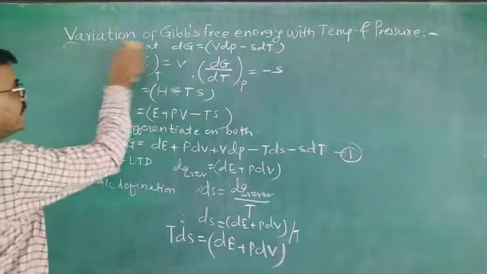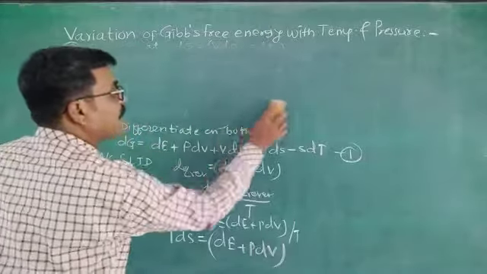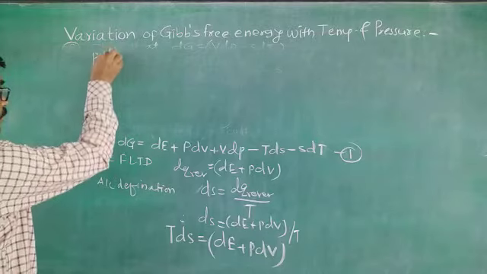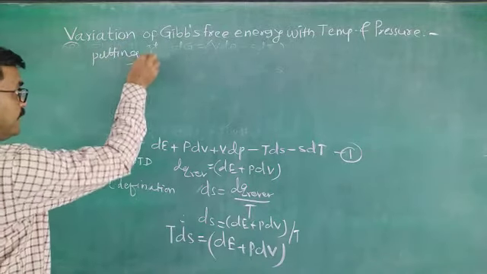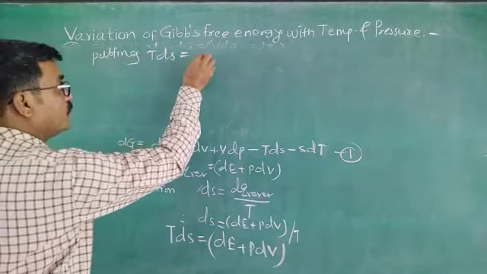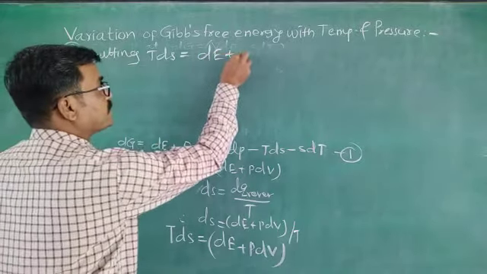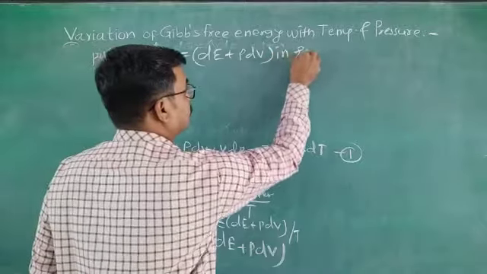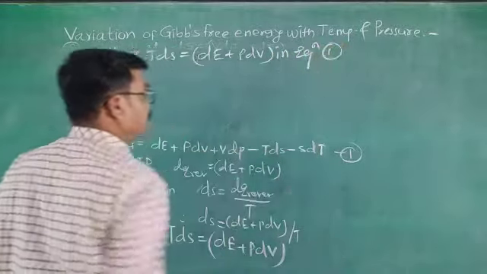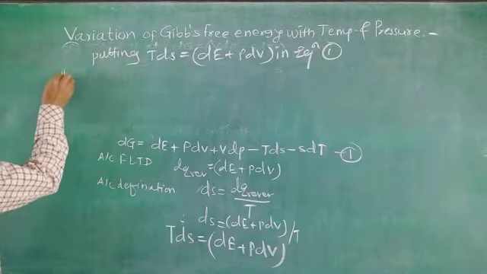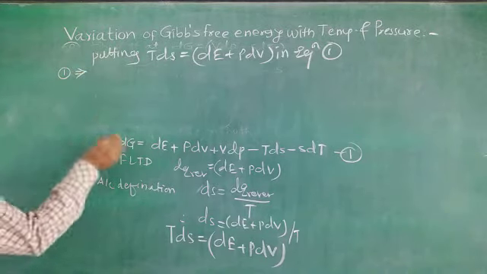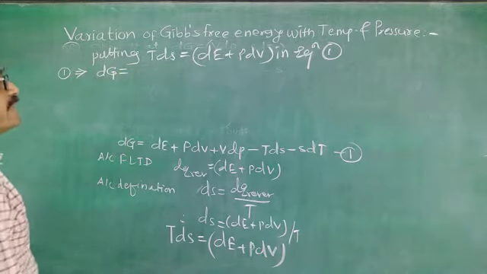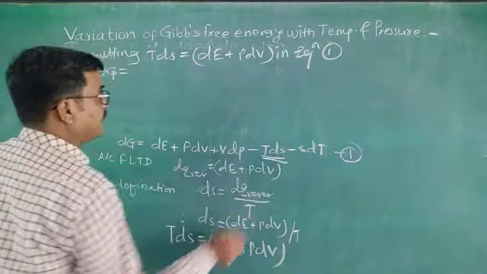Then dG remains as it is, and we put the value of TdS.